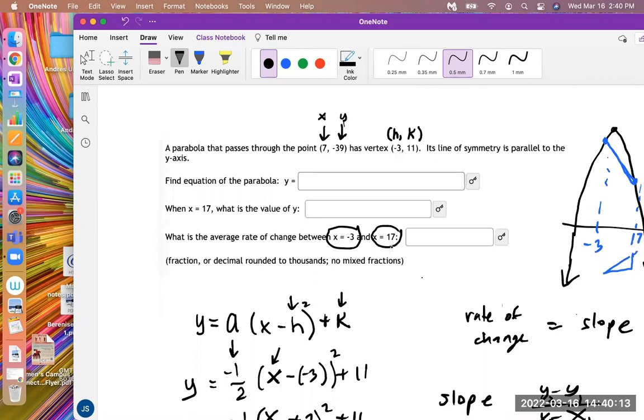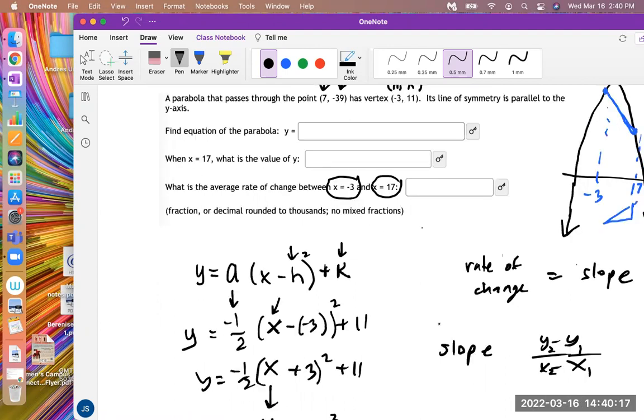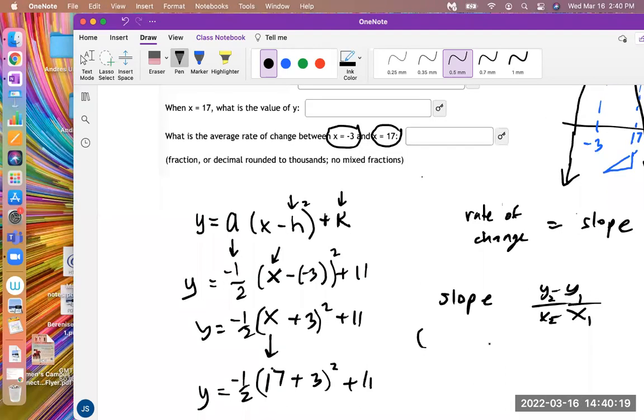I can find the slope if I have two x values and two y values, right? Then I can label them: one's x1, y1, the other one's x2, y2.